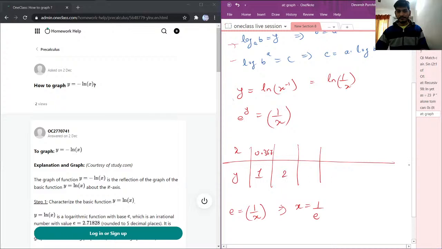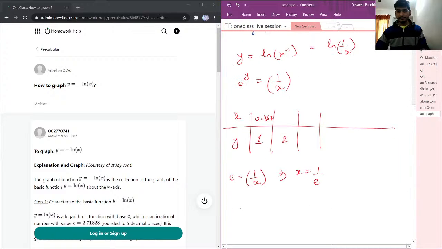Then for y equal to 2, I have e power 2 equal to 1 over x. This implies x will be 1 over e squared. So this will be 1 divided by 0.135.